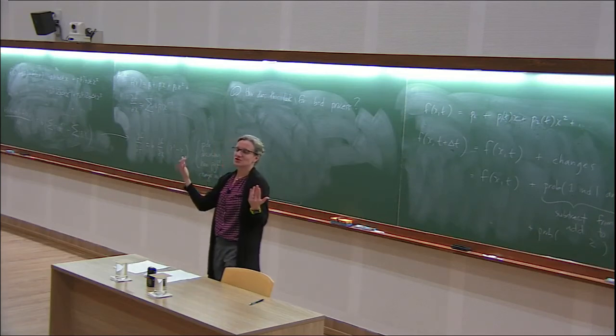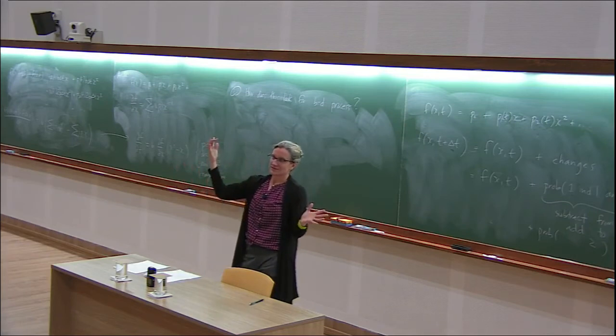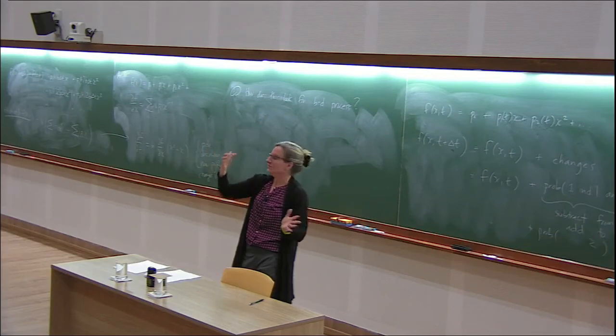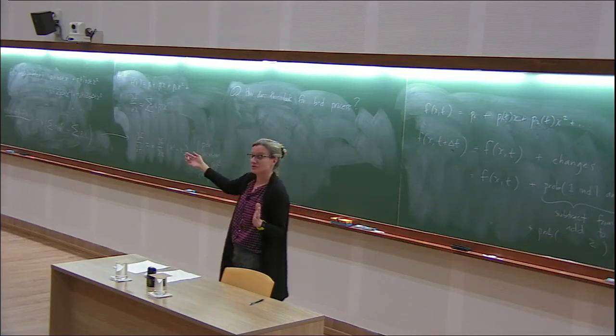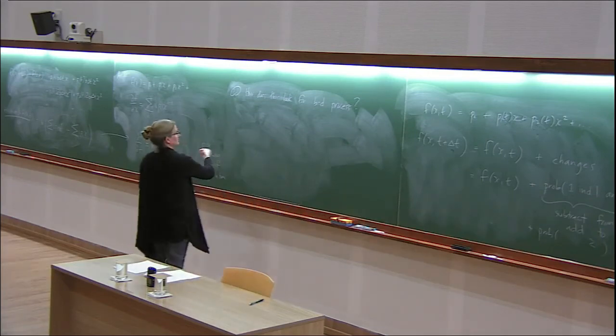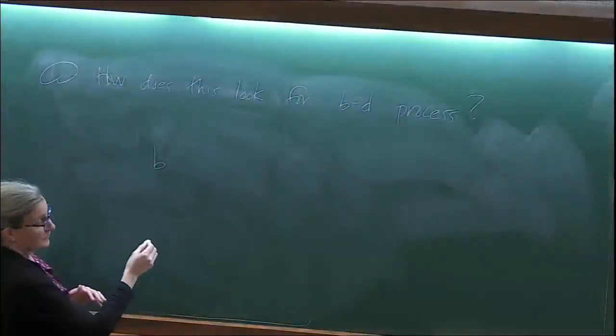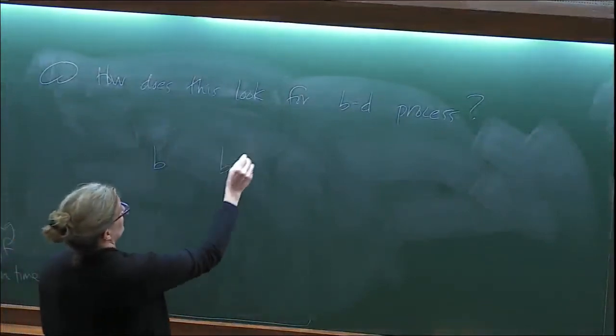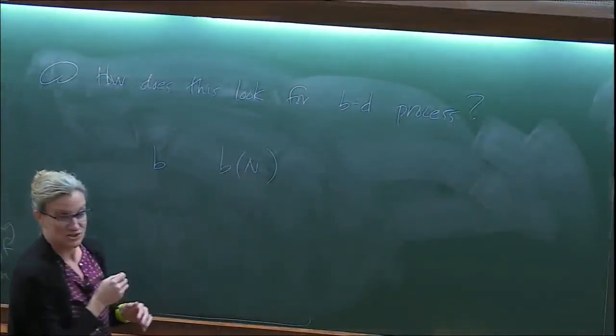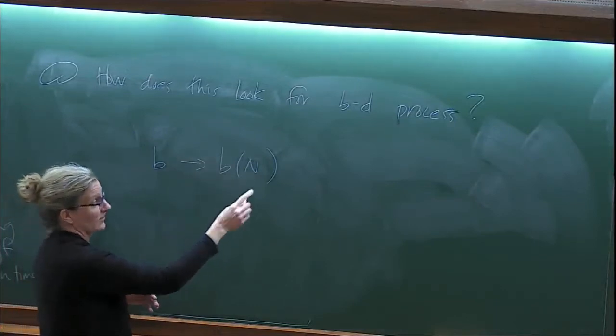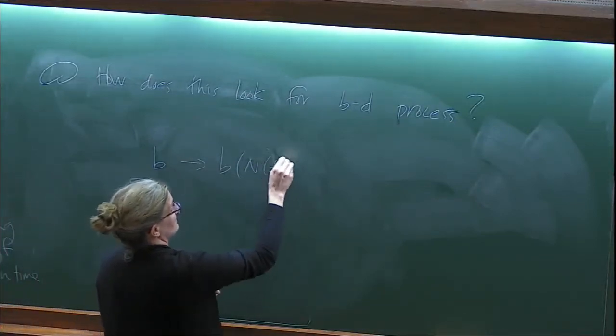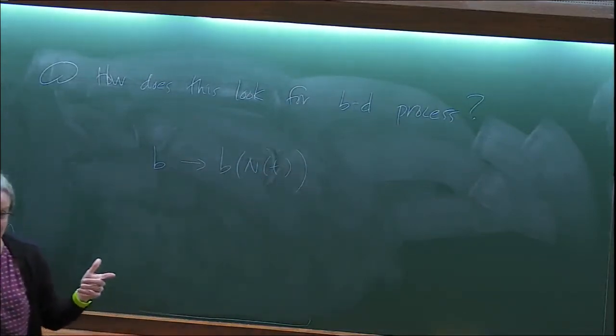So if you knew some deterministic thing about the wild type population, so competition is getting fiercer and fiercer as time goes on, the birth rate could change in time. So instead of b as the rate, b could be a function of N, where N is some deterministic function of t.